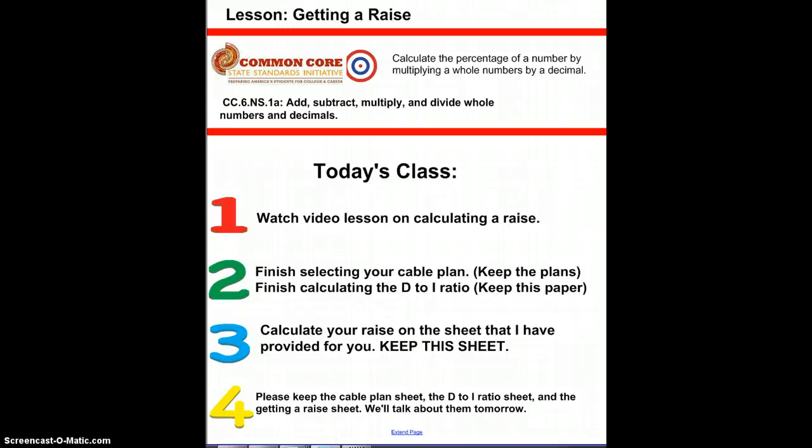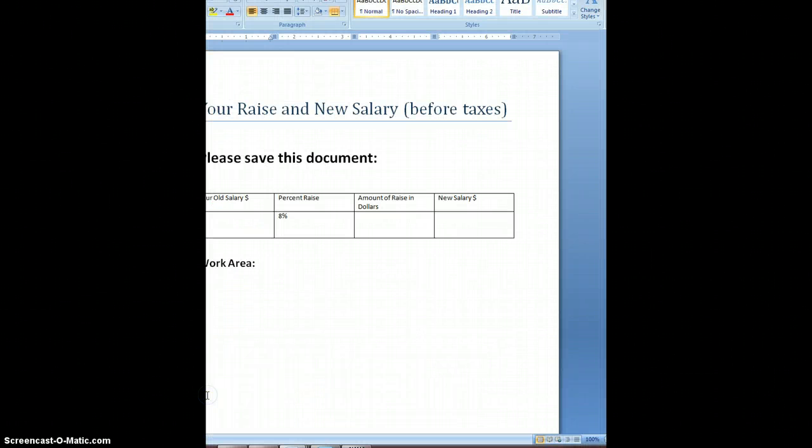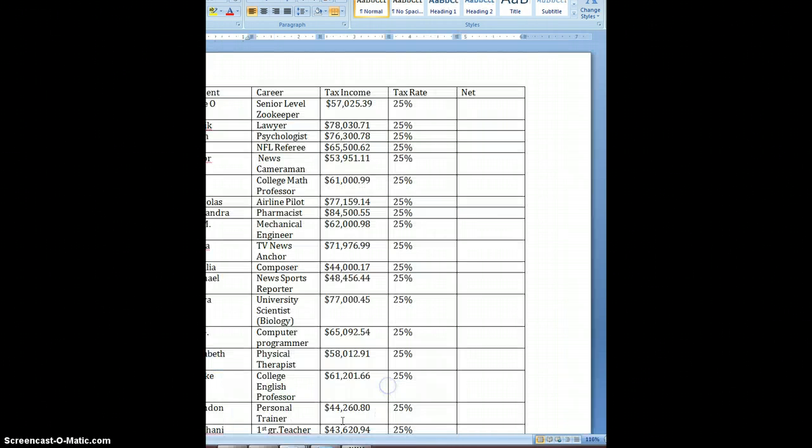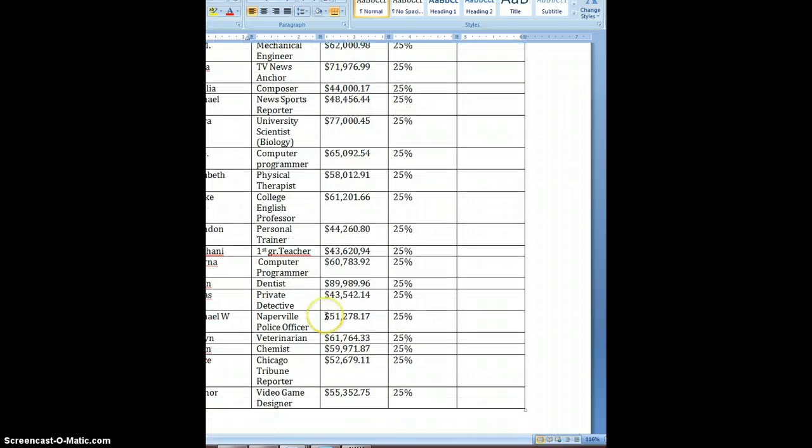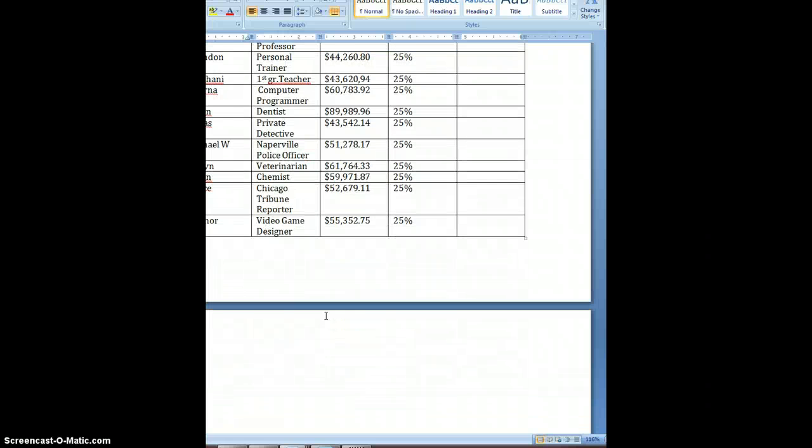The sheet that I'm providing to you looks like this. It's called Your Raise and New Salary. And you're going to need this sheet. This sheet has a list of your careers, and it gives you your original salaries.